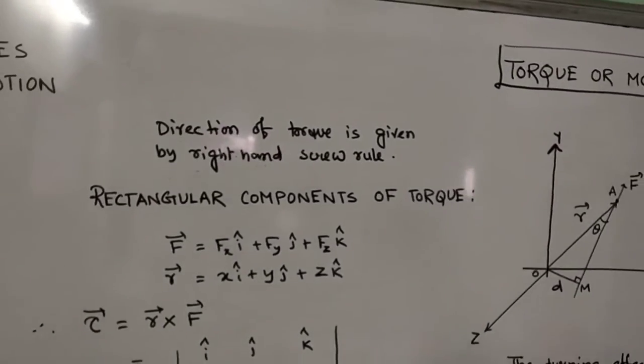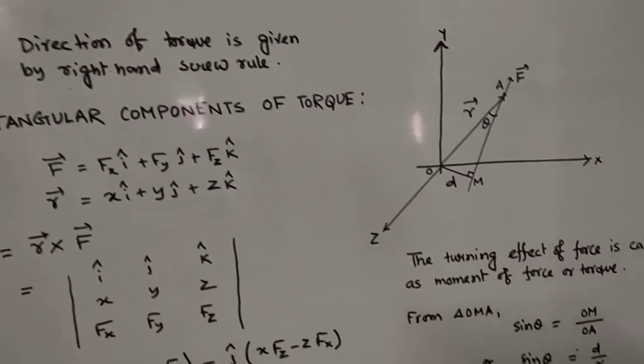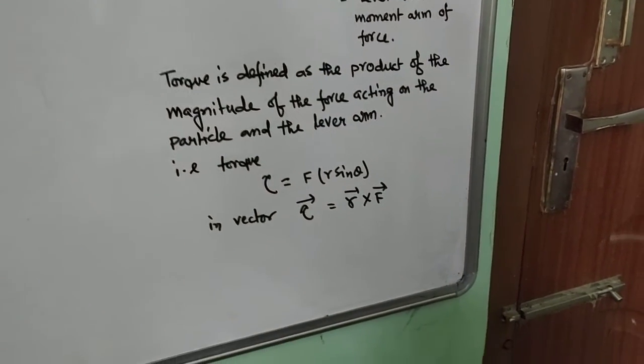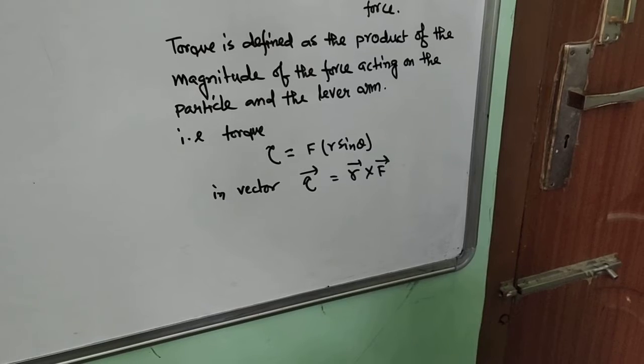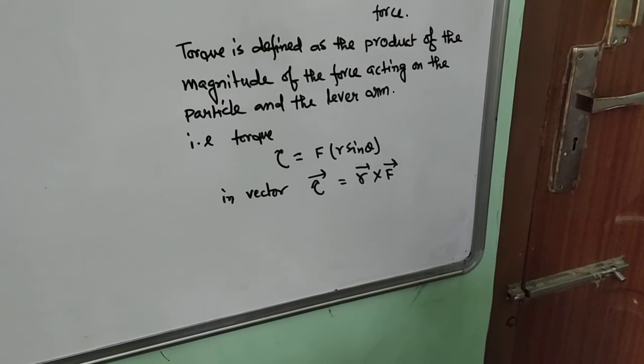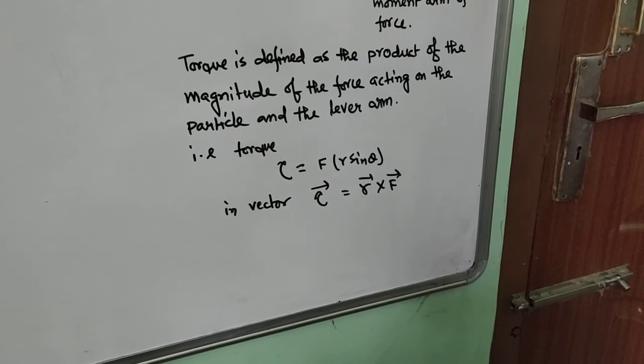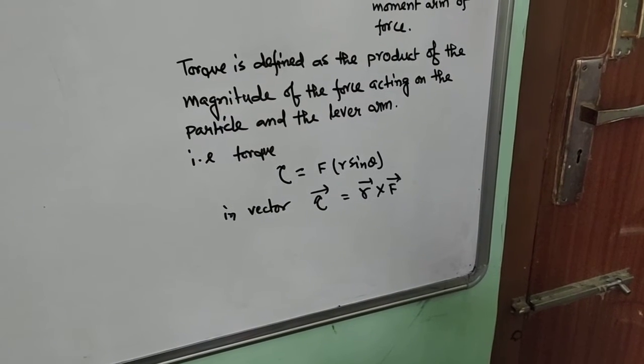Now the direction of torque is defined by the right hand screw rule. You see in tau equals F r sin theta, you can express this in terms of vector product, because the vector product you already know. If A cross B is a vector product, then the magnitude is AB sin theta.